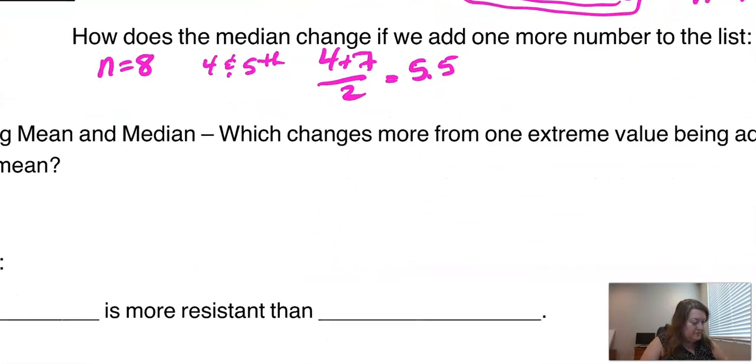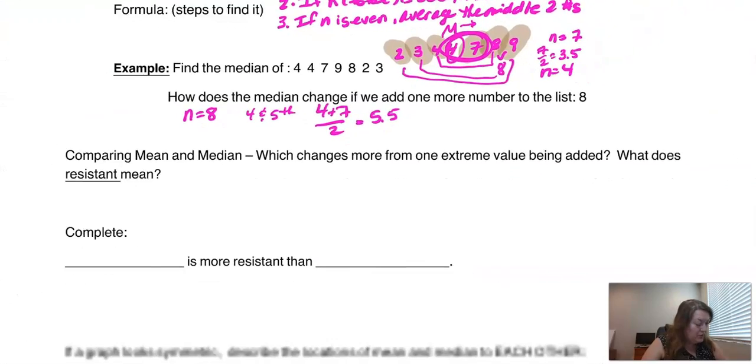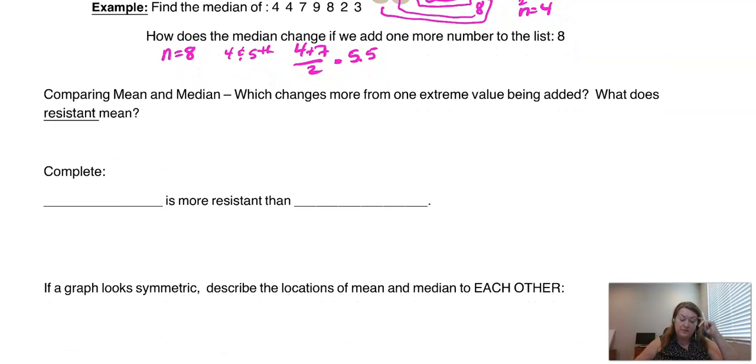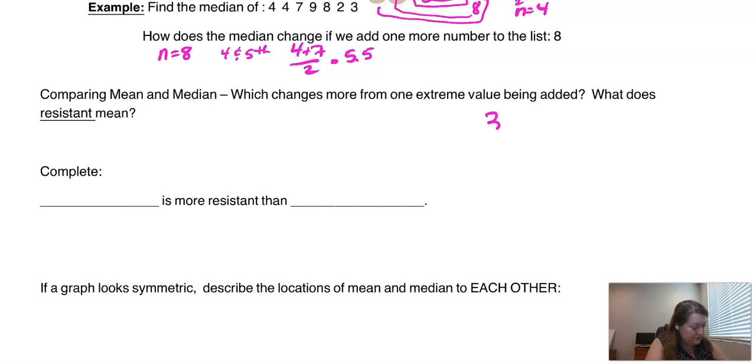All right, so mean and median. When we're comparing them, which one changes more from an extreme value being added? Imagine we have a little list of numbers and we added in 100 or something along those lines. Let's make it an even easier set of numbers to figure out: 3, 4, 5, 6, 7.